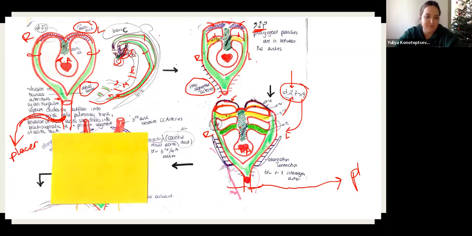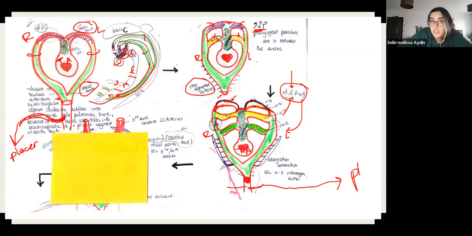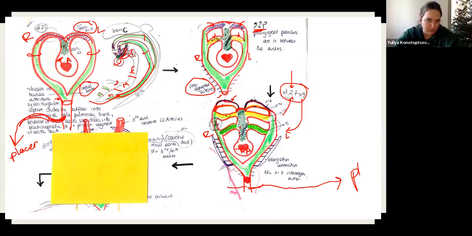So they don't disappear, they don't degenerate, they just stop being arches. So I repeat, what was making them arches in the first place? They started from the aortic sac and they drained into the dorsal aorta, the right and left on the two sides.